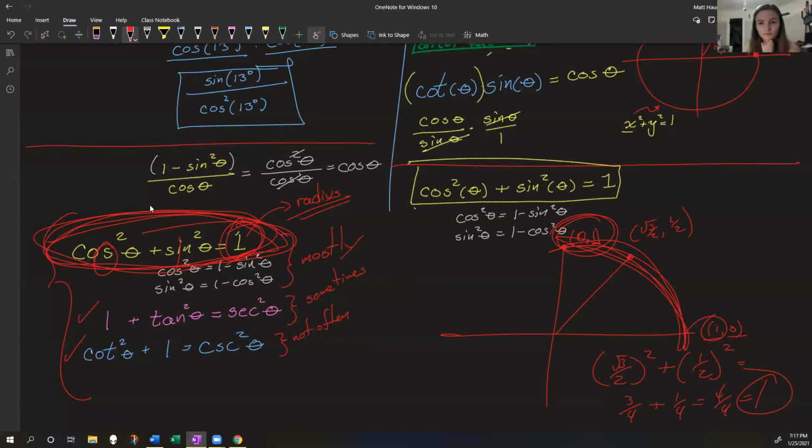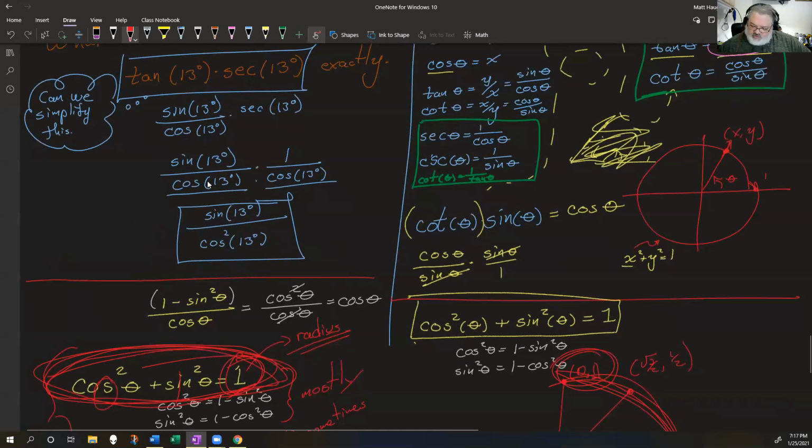Because remember, this comes from, where is it? Our circle definition down here. This is where that Pythagorean identity came from, right? That one is there because we're a circle of radius 1. If it wasn't a circle of radius 1, it would be x squared plus y squared equals r squared, right?